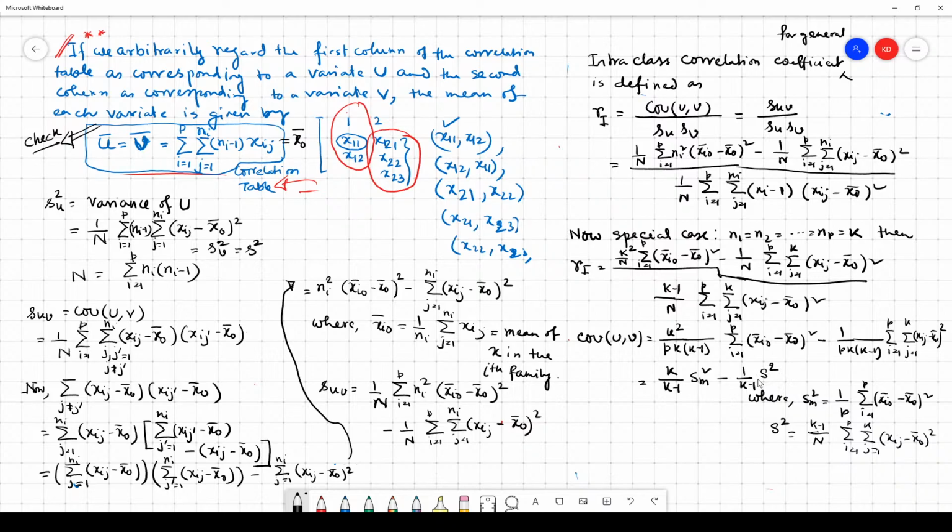Okay, so when ni's are equal, then Ri is equal to k by k minus 1 Sm square minus 1 by k minus 1 S square, divided by S square. So therefore this is equal to k by k minus 1 times Sm square by S square, minus 1 by k minus 1.